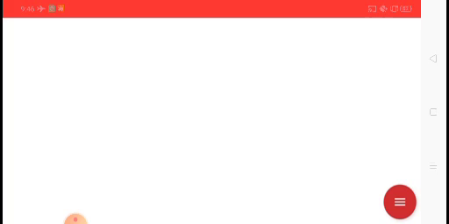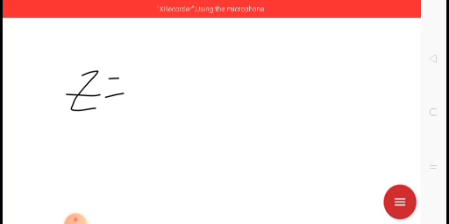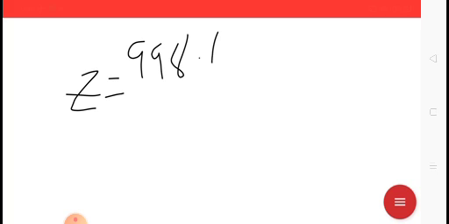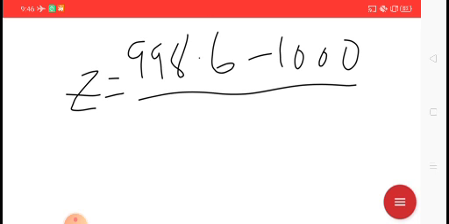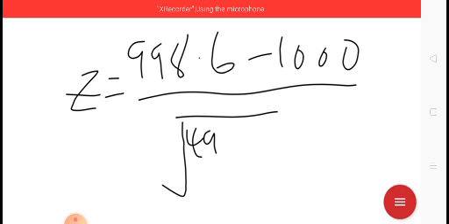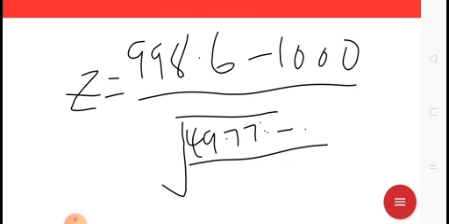The z value will be equal to the mean calculated above, 998.6, minus 1000, then over the square root of 49.77 over 64.